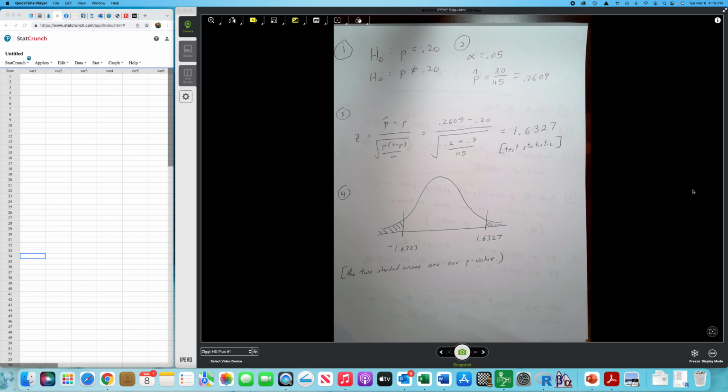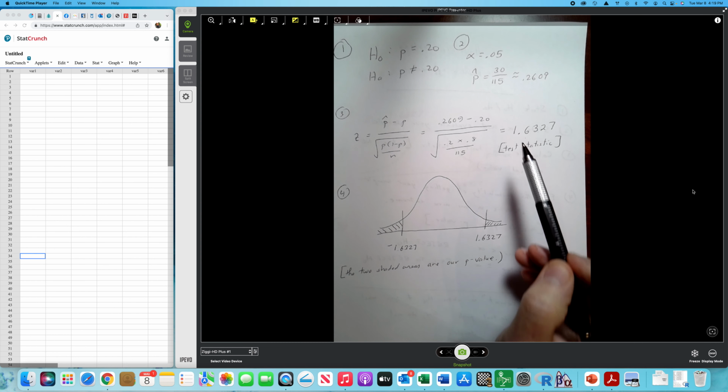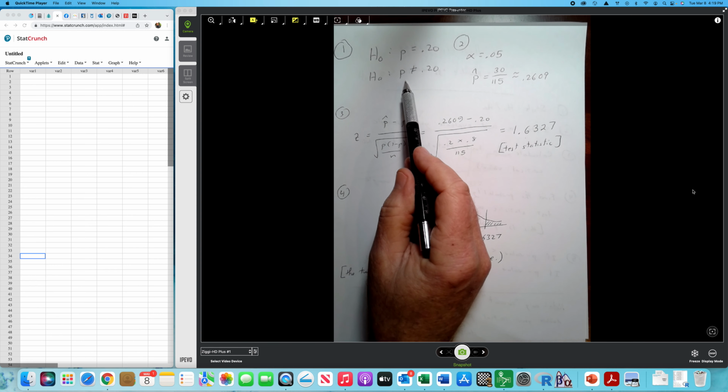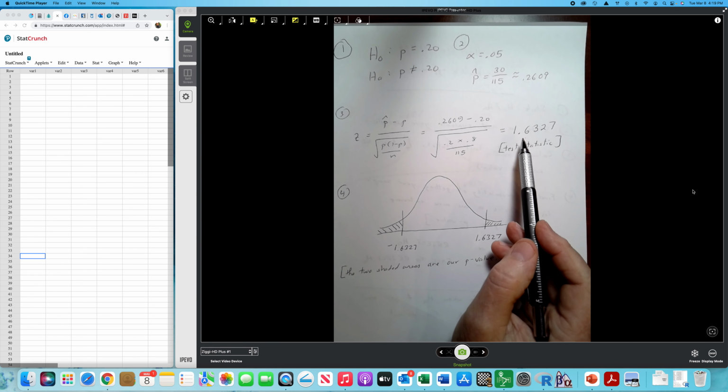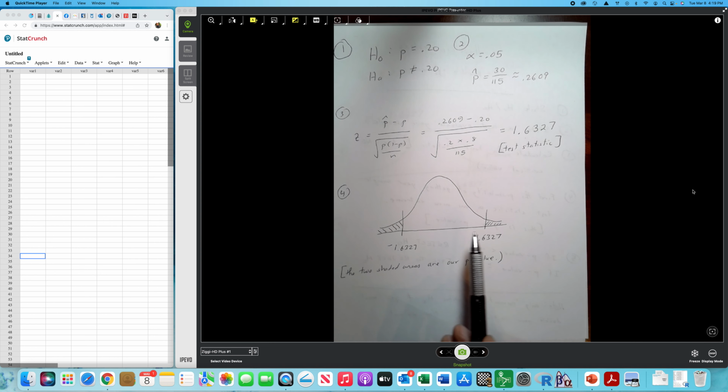So we take our test statistic and we record those values on our sampling distribution. Now, the reason we record not only the 1.6327, but also the negative 1.6327 is because we have a two-tailed test. The negative 1.6327 is as equally likely as the 1.6327.